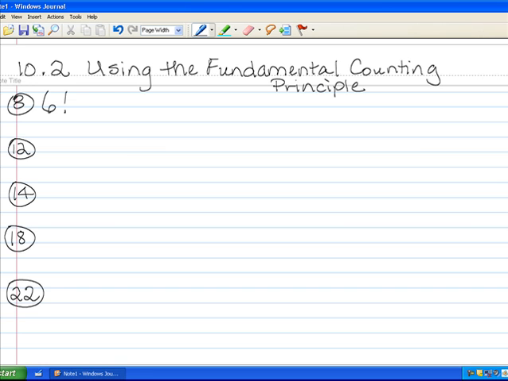Okay, 6 factorial. Our directions here say that we're to evaluate each expression without using a calculator. So 6 factorial is 6 times 5 times 4 times 3 times 2 times 1. That's the definition of the factorial. Let's see, I'm going to multiply pairs.